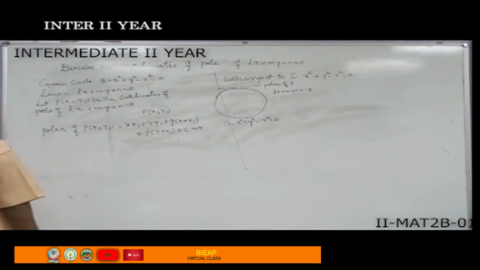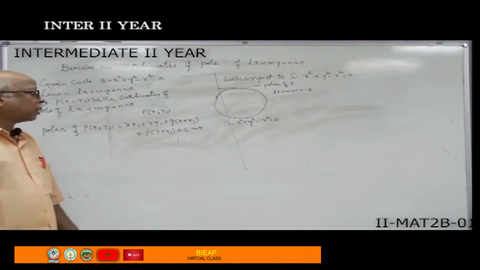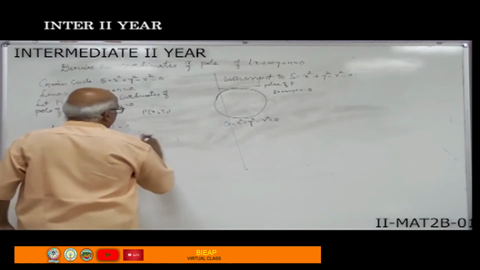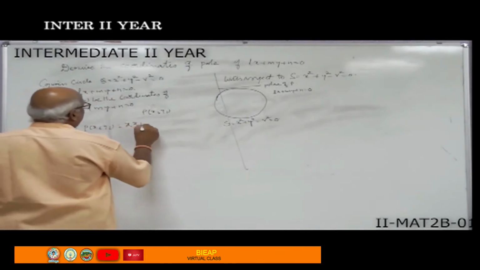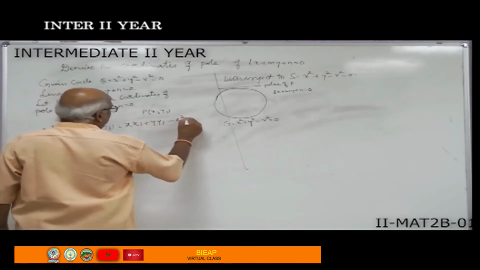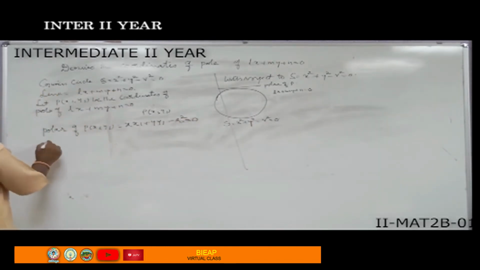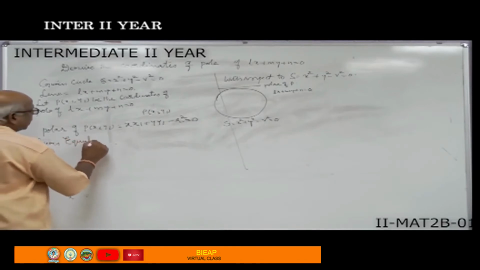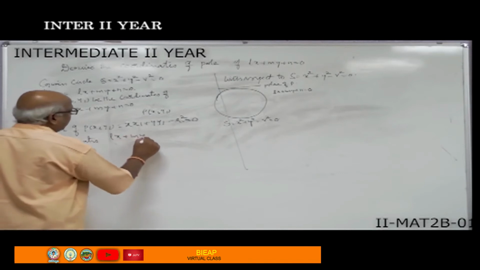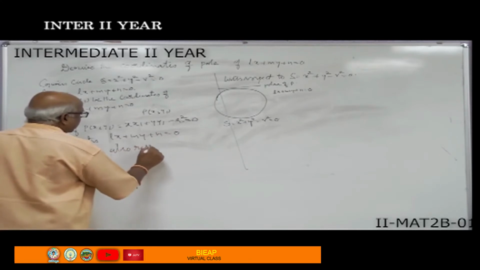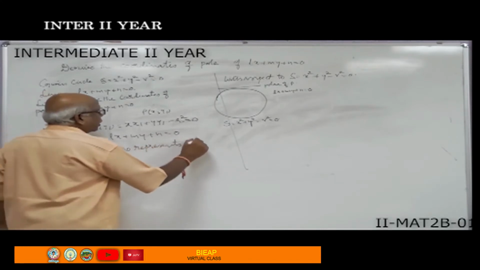Given the circle, the polar of P is xx1 plus yy1 minus r square equal to 0, because the given circle is this one, and the given equation Lx plus My plus n equal to 0 also represents the polar.